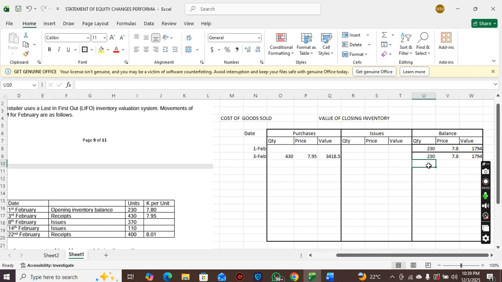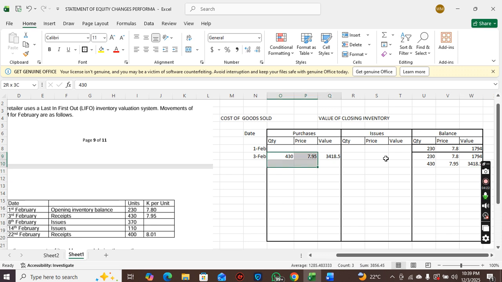Then we have brought in 430 units valued at 7.95. You separate so that whenever you make a sale, you know where to remove from.